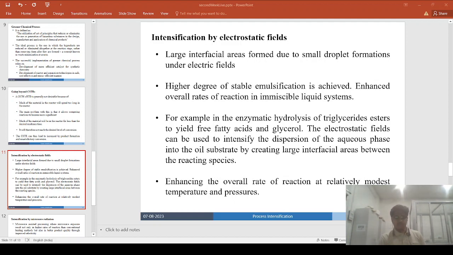When stable emulsions are formed, you will be able to keep that emulsified.